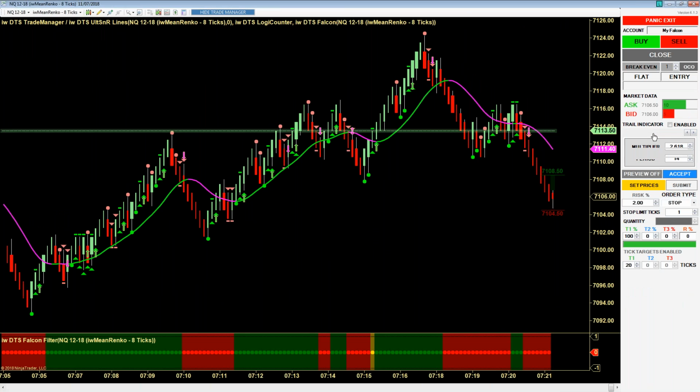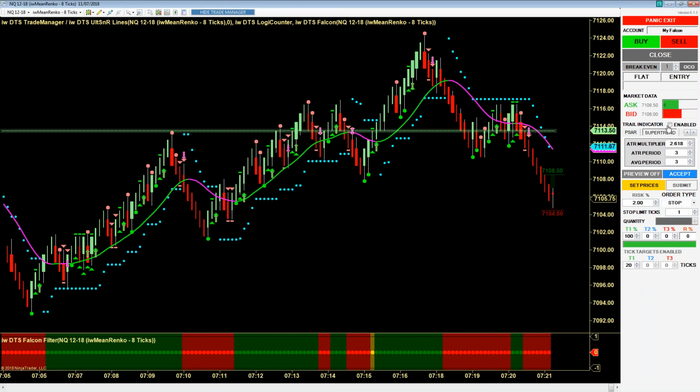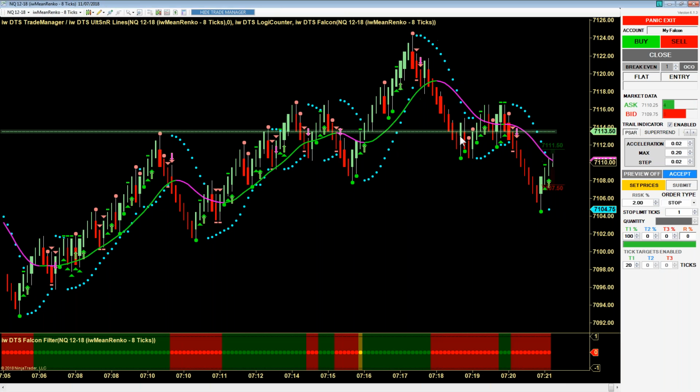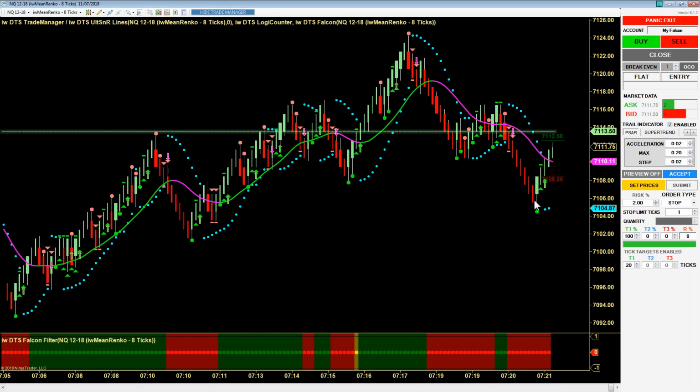What I mean by that is, so here's your Supertrend. Excuse me, actually parabolics, also an always in system. And we're using the parabolics as a trailing stop, but you can also use them as an entry. So when the parabolics got violated right here, when they broke the parabolic, that would be a sell signal. When it broke the parabolic here, that would be a buy signal.